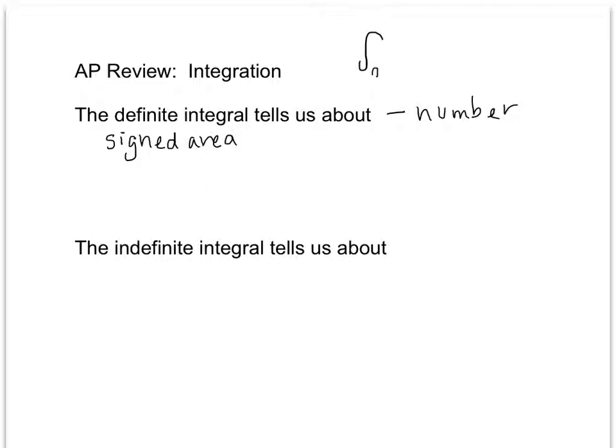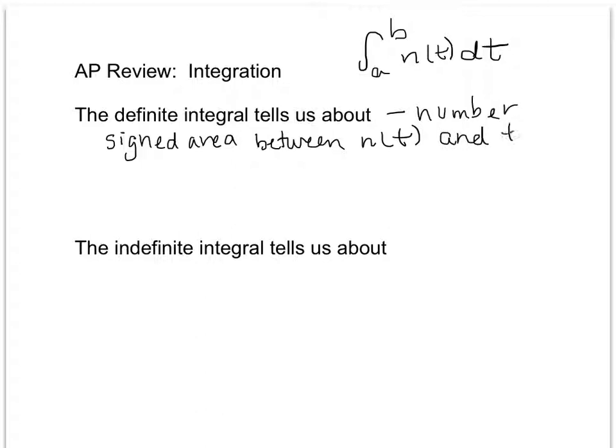So if we have the definite integral from a to b of, let's call it n of t dt, then it would tell us the signed area between n of t, the function that's behind the integration, and the x-axis.